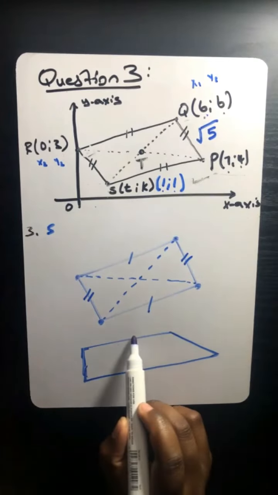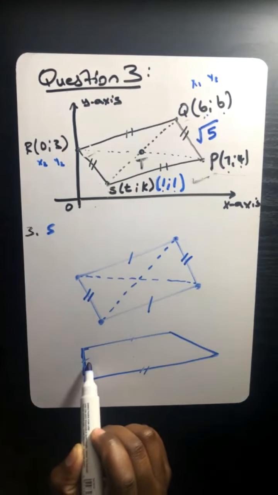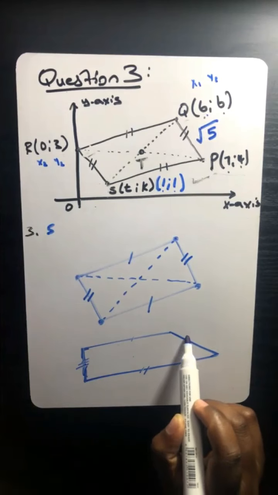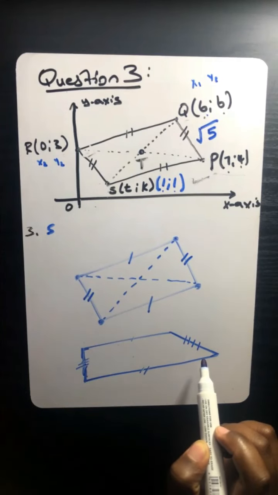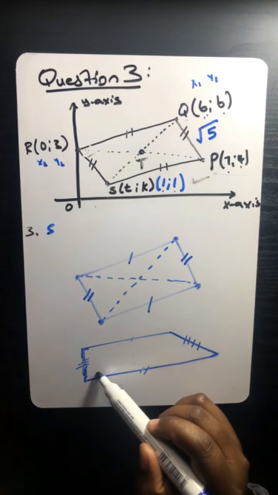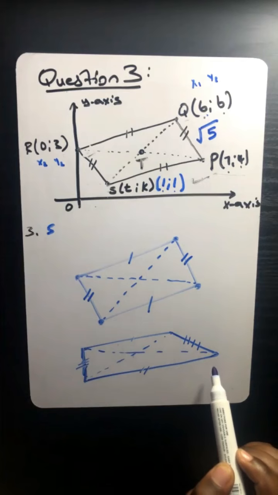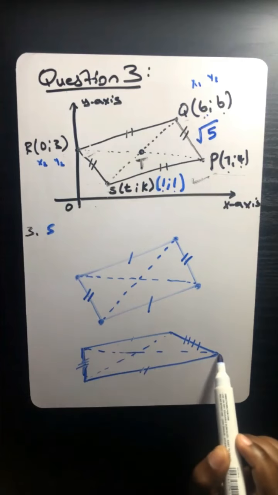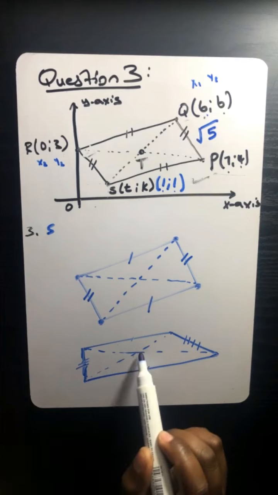Because maybe this side is not equal to that side, and this side is not equal to that side. And again, it's not a rectangle because the diagonal lines are not equal in length. So this length is longer than that length.